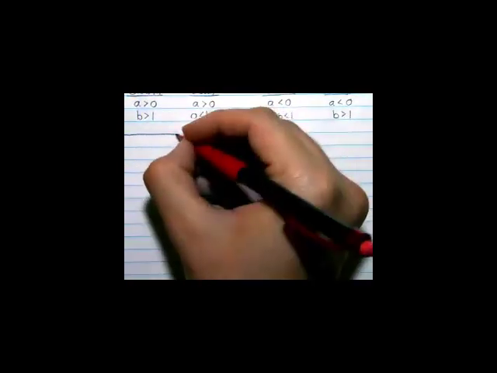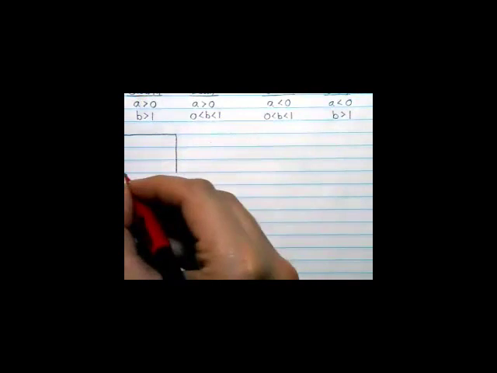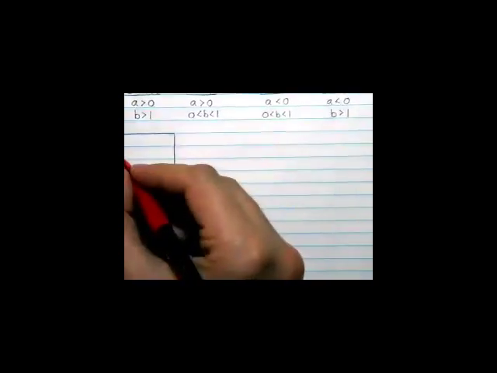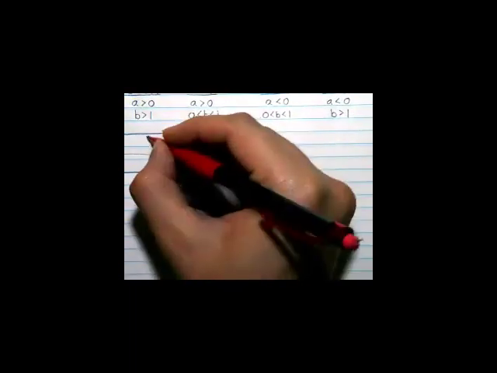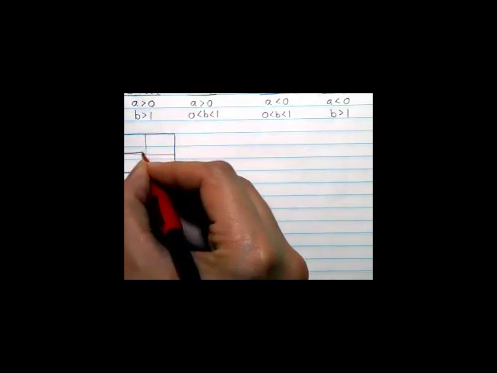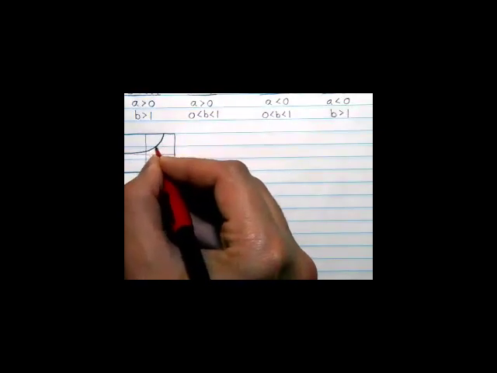Okay, so this first one, where your base is greater than 1 and A is positive, is going to create a graph just like the one we looked at with that example we did. It's going to do something like this.